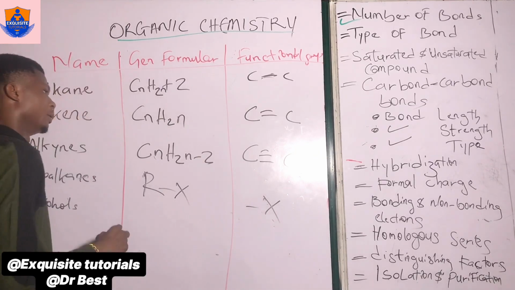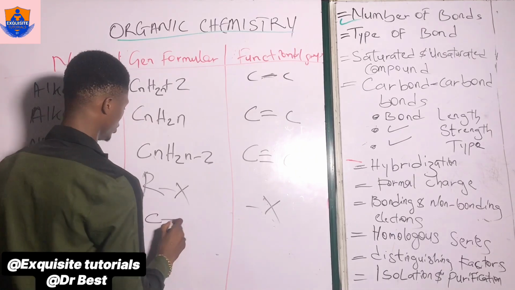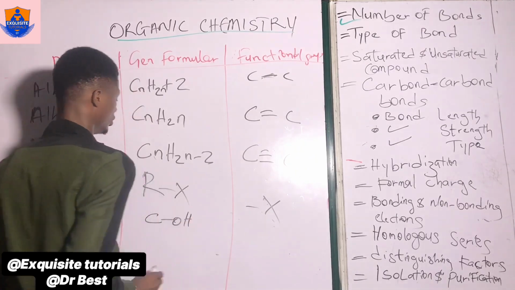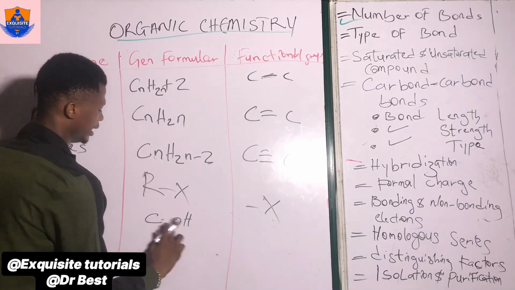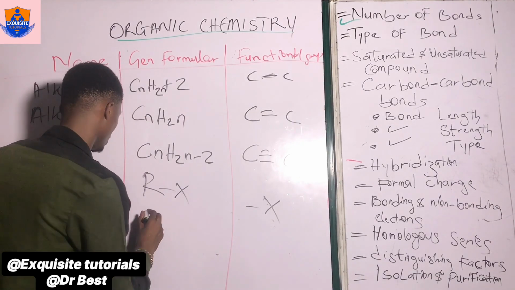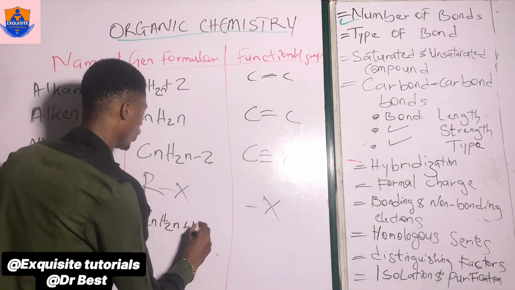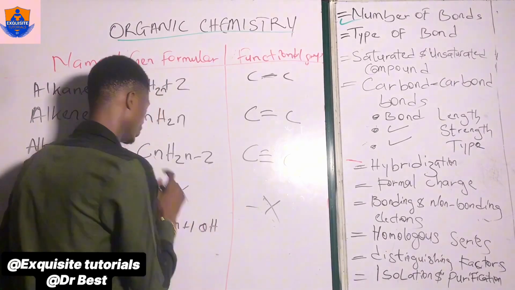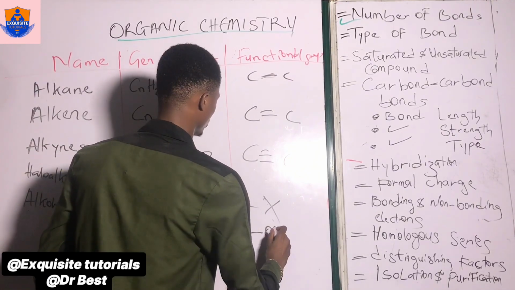The formula is CnH2n+1OH. The functional group is the OH group.